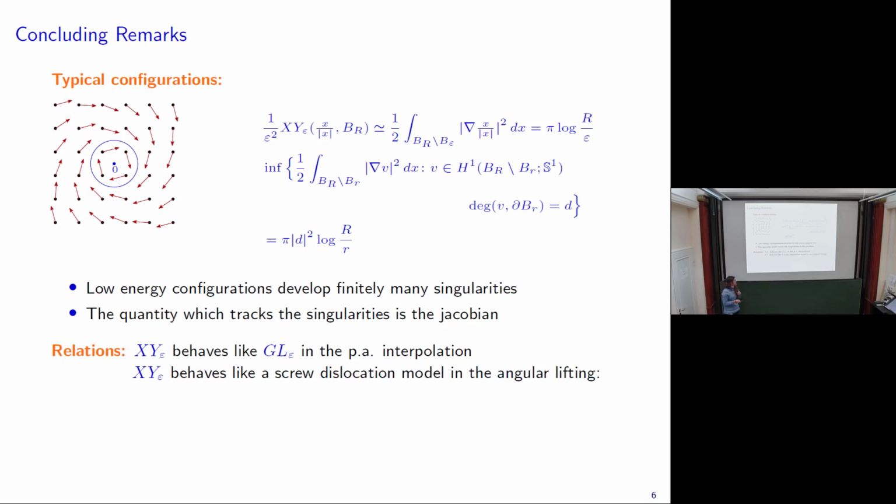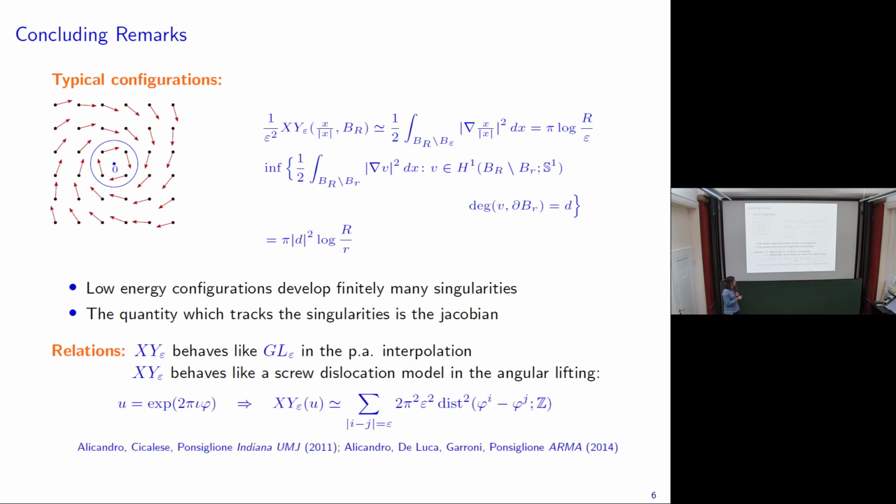Let me just point out that there is another connection, which is if you take now the angular lifting of your S1-valued function, you can relate the XY model to the screw dislocation model in this angular lifting. So what do I mean with that?